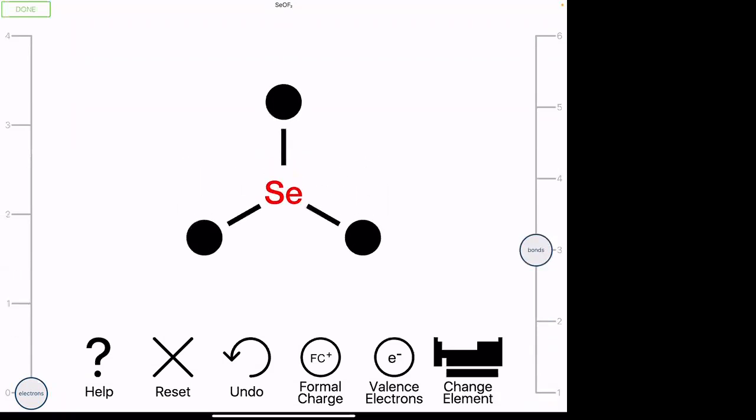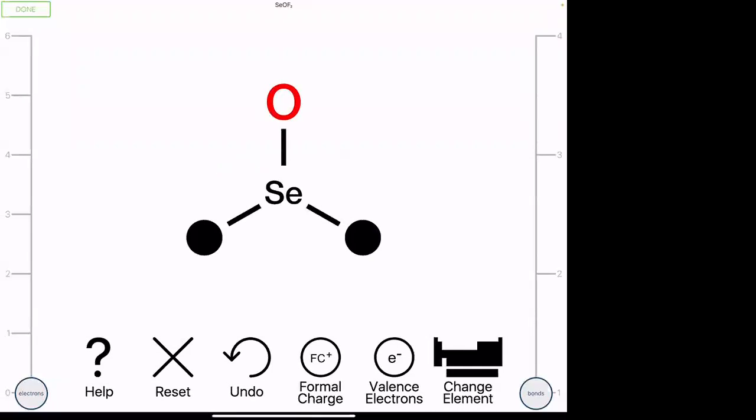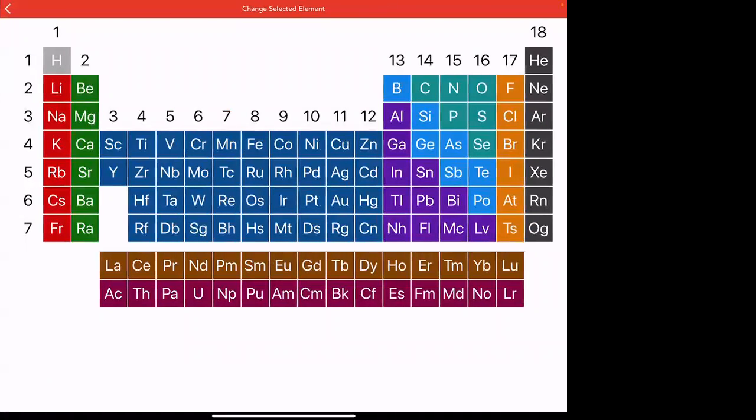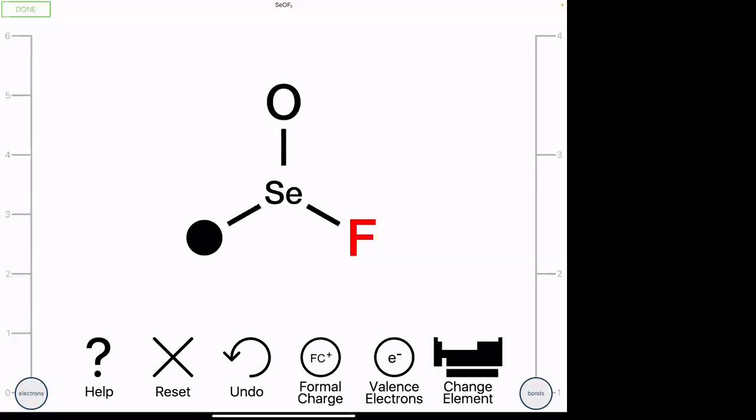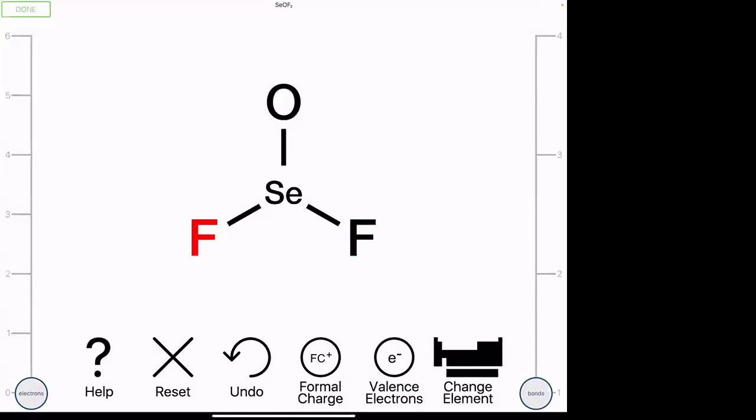Okay, so we'll put our 3 bonds out there. Now I've got an oxygen here, so I'll make this an oxygen. And I've got 2 fluorines, so I'll make this guy a fluorine, and this guy a fluorine. So we got everybody.